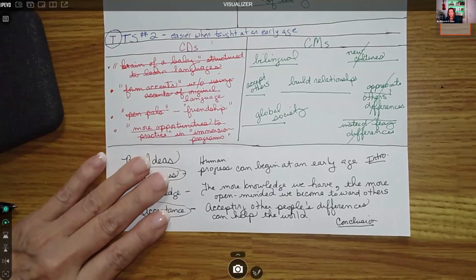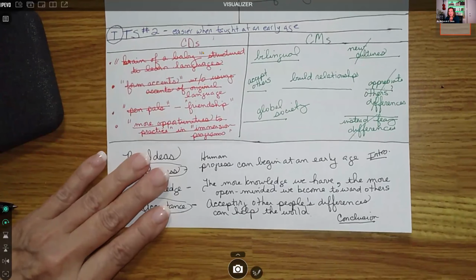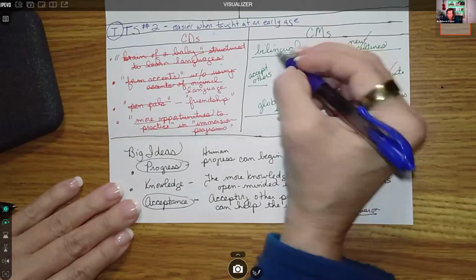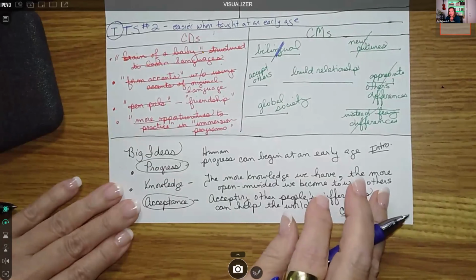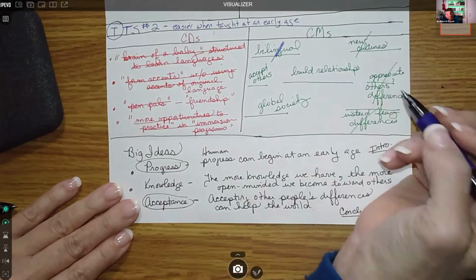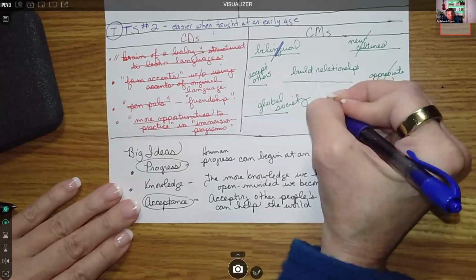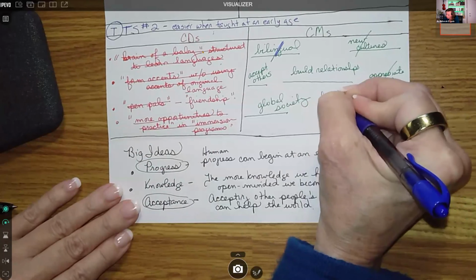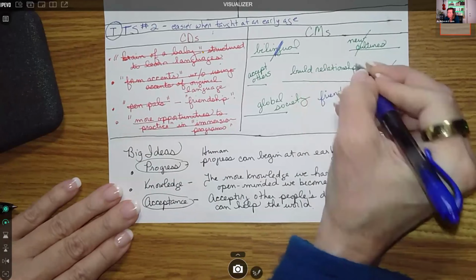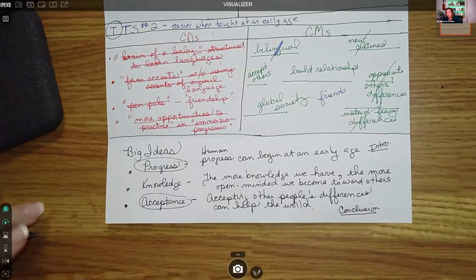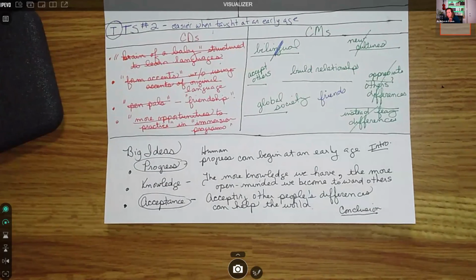And now I need my concluding sentence. And for my concluding sentence, I'm going to use bilingual. I'm going to talk about making friends, right? That I can pull from here, but I'm going to put it over here, friends, because I put build relationships, or I could say they will build relationships instead of friends, because I don't want to use friends because it's in the text.